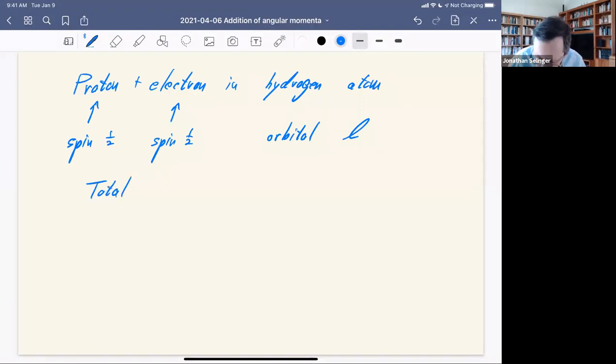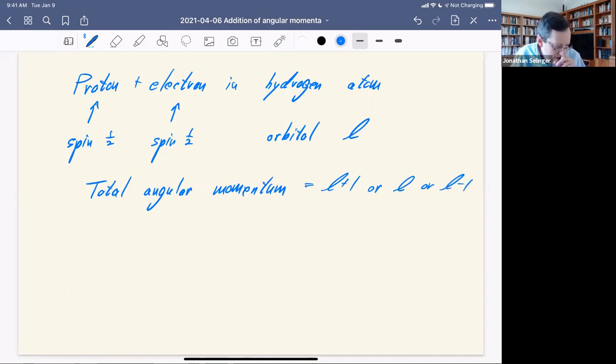So the total angular momentum, if you combine 2 of them and then you add on the third one also, that is L plus 1, or L, or L minus 1. And the counting, again, works out.